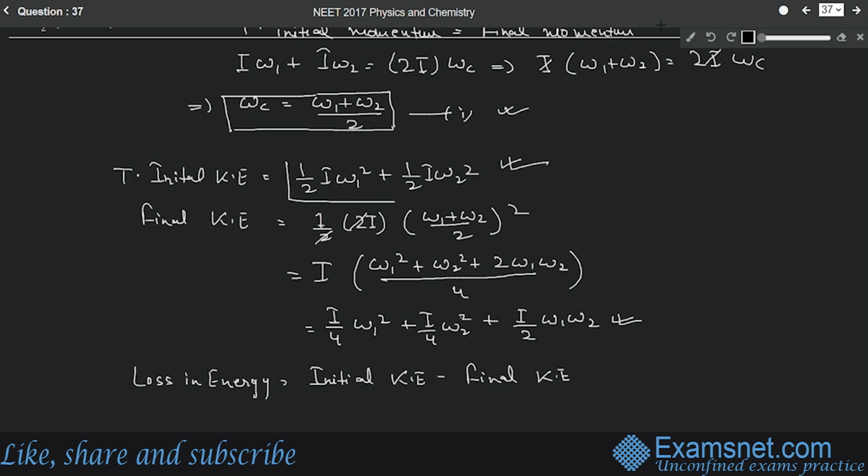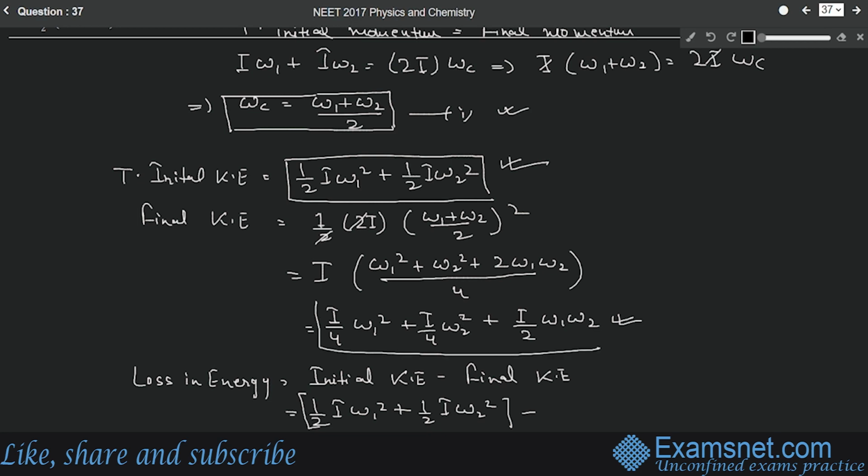So initial kinetic energy is this one, that is half I omega 1 square plus half I omega 2 square, and the final one is this one, that means I by 4 omega 1 square plus I by 4 omega 2 square plus I by 2 omega 1 omega 2, right?